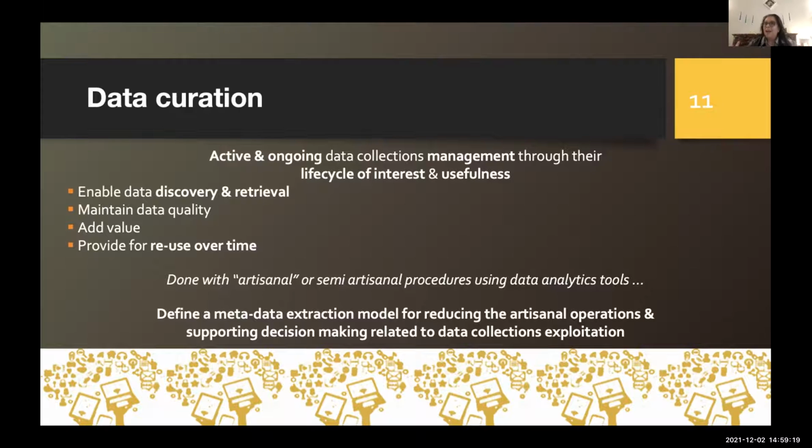So you are building the library. You are building a data collections library with as much information as possible that will guide those that are asking questions to know which data they can use in order to answer their questions. And what do they have to do in order to use it?